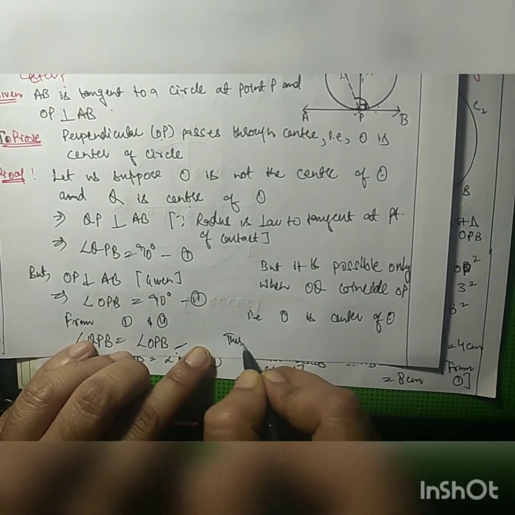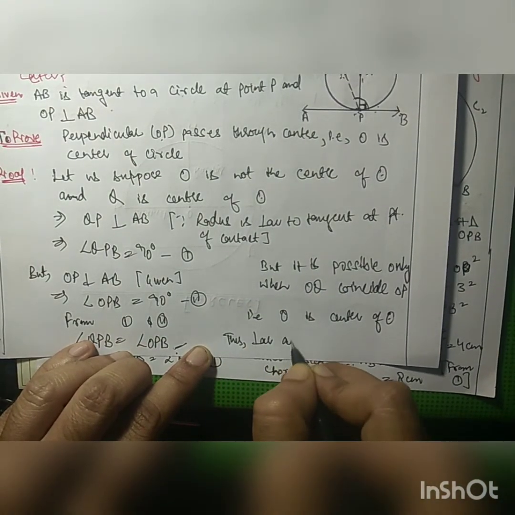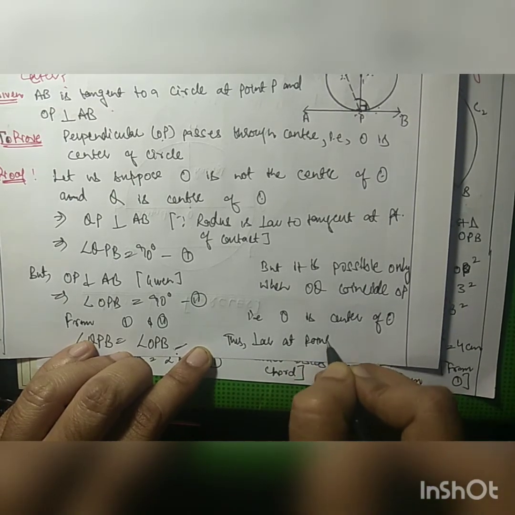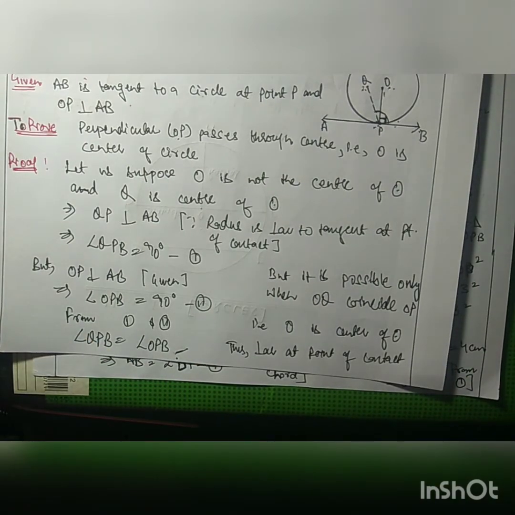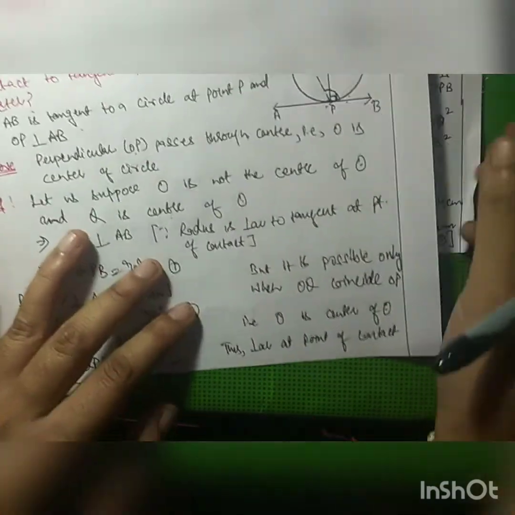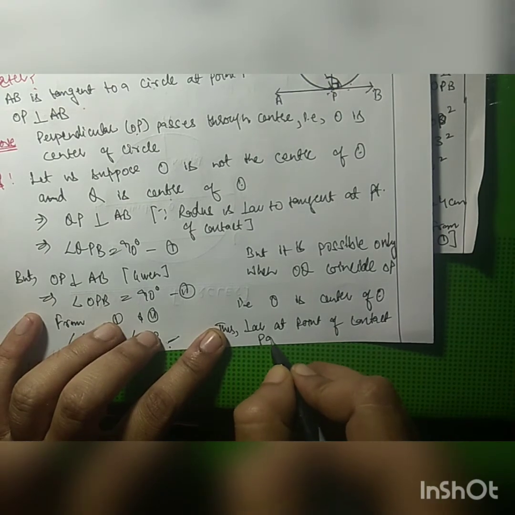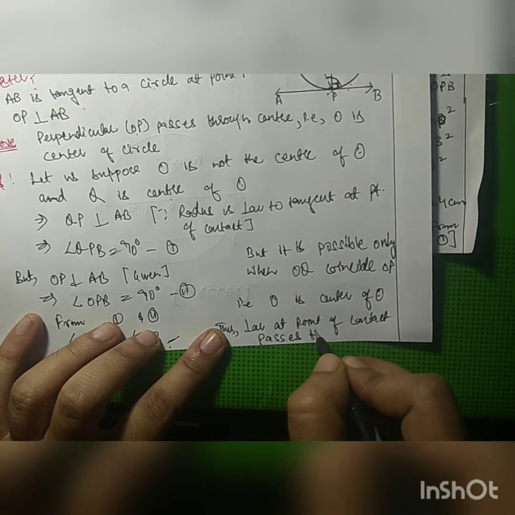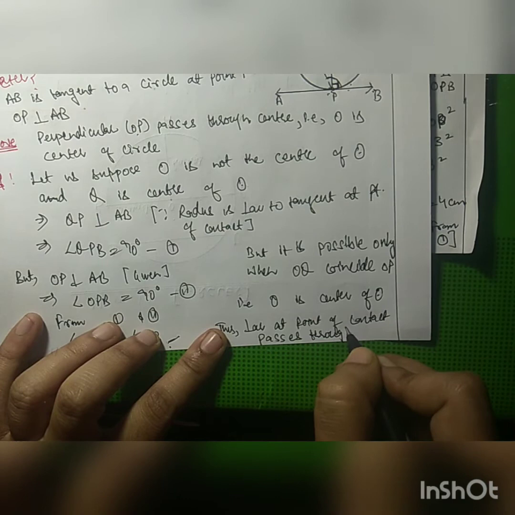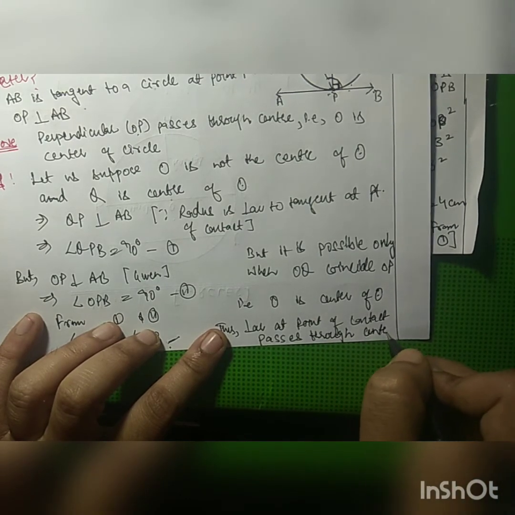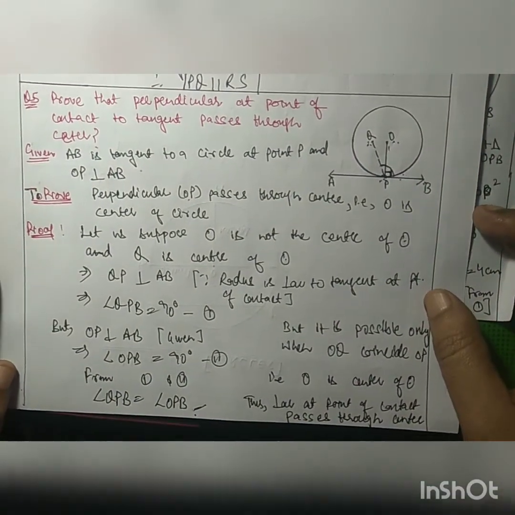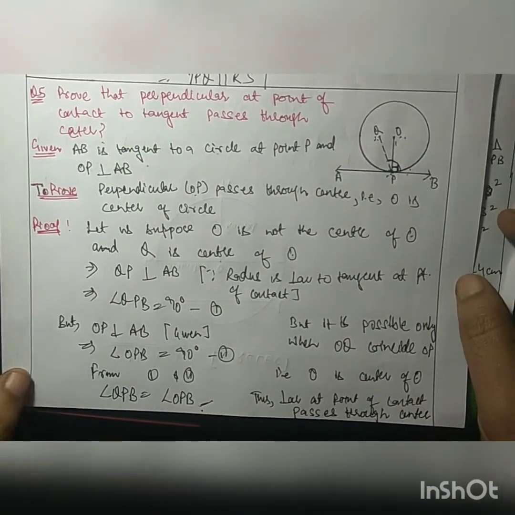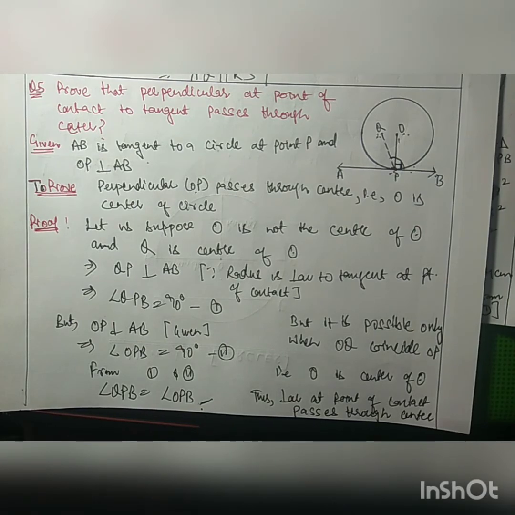Thus, perpendicular at the point of contact passes through the center. Okay, so this is your question number 5 of exercise 10.2, where we have to prove that the perpendicular at the point of contact to the tangent passes through the center.